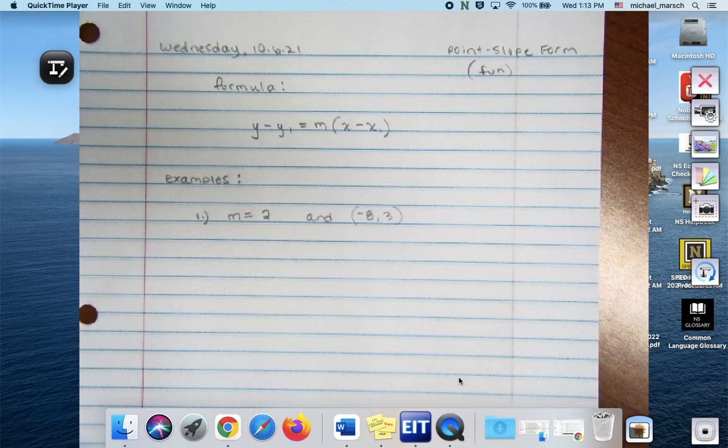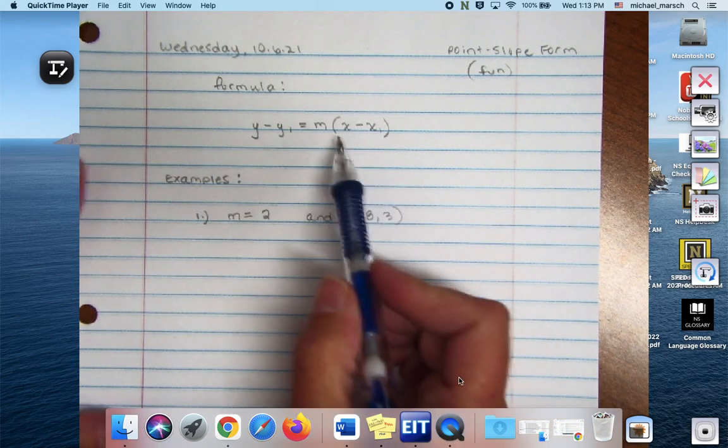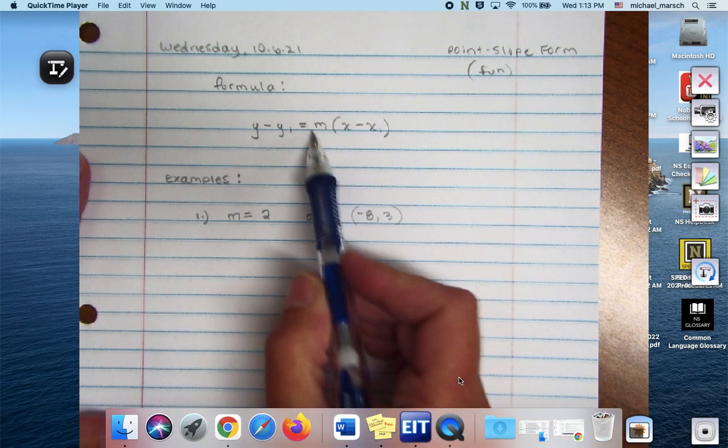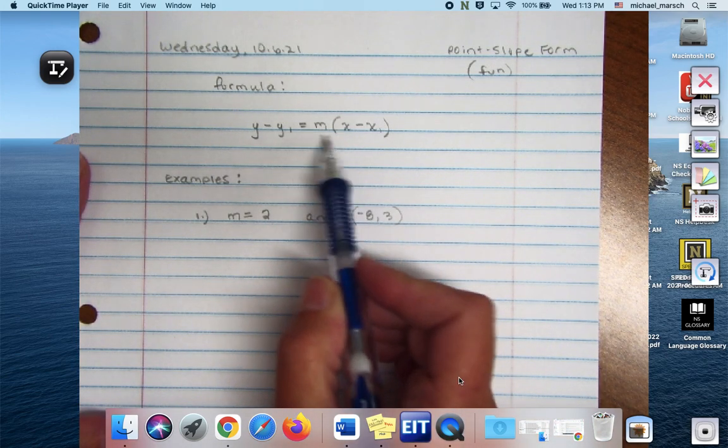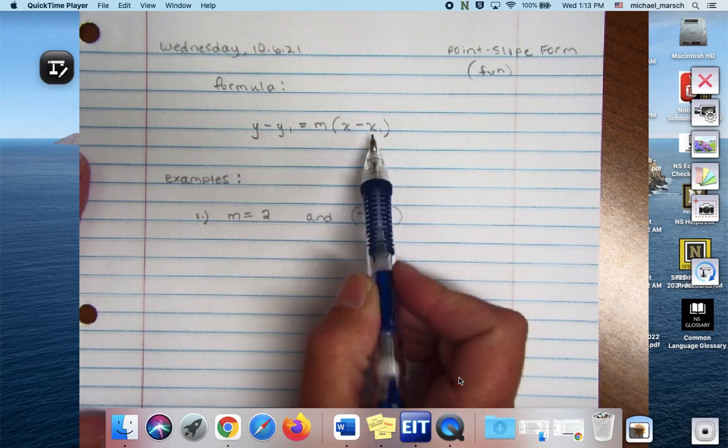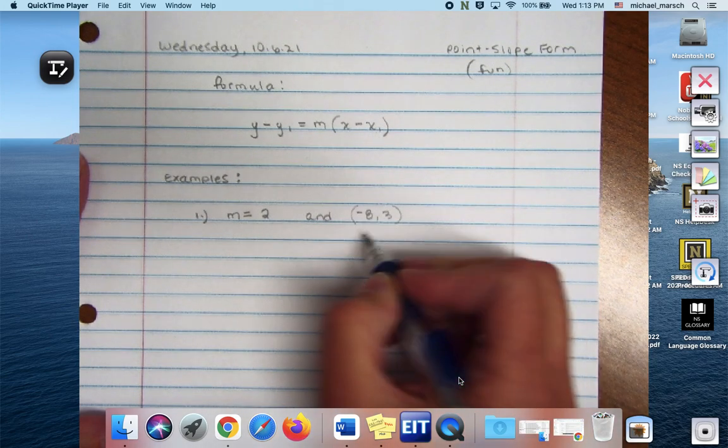We're given a slope, and we're given a point. Our goal is to get slope-intercept form. So how are we going to do that? Well, if you look up at this formula, we need slope, right? Everybody with me? And we need a point, an x1 and a y1.